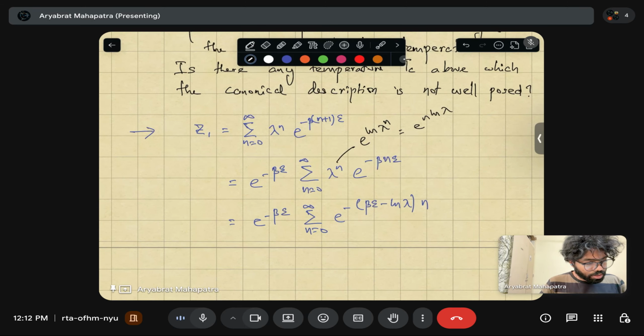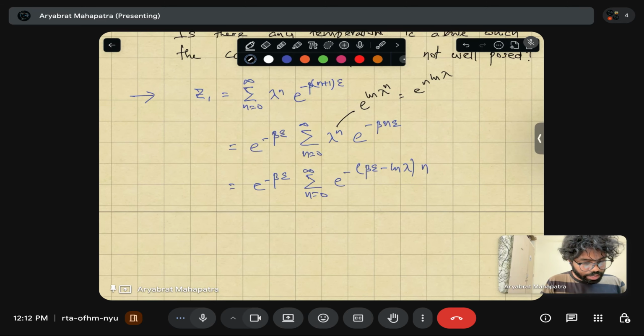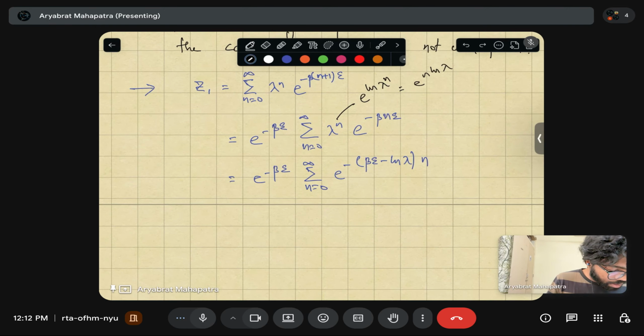If you write it that way, this is your single particle partition function. Now the sum, if you carry it out in the same way as we have seen, turns out to be a GP series.